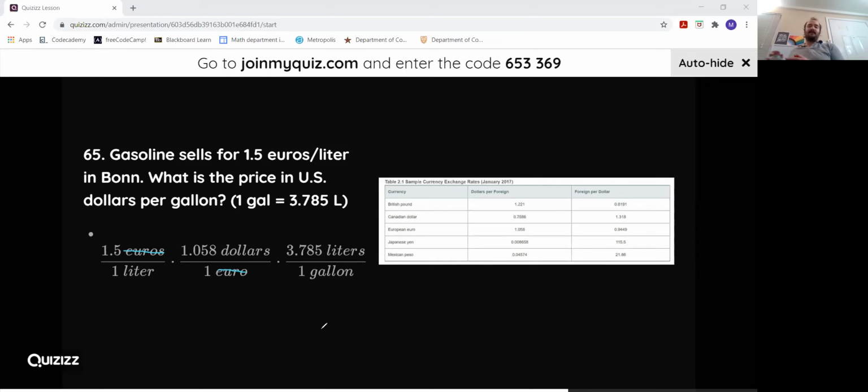This one might be a little bit different than what we've seen so far, because the liter over here is on bottom, and I want to get rid of this liter. To get rid of this liter, I have to write the liters on top over here.